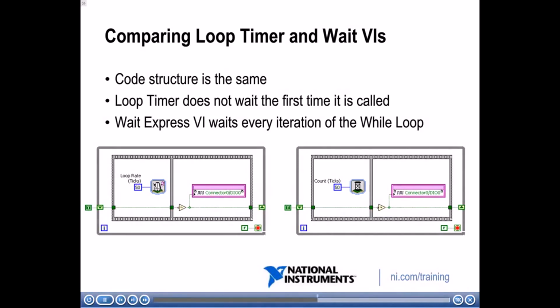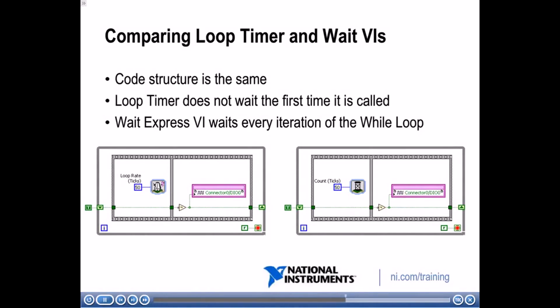Let's say that the code in the second frame, let's just pretend it takes 25 ticks. If that was the case, then when we run this particular VI, in the very first iteration the loop timer express VI is going to figure out that initial timestamp and then go to the second frame immediately. That second frame takes 25 ticks, and then it finishes and we go to the next iteration of that while loop.